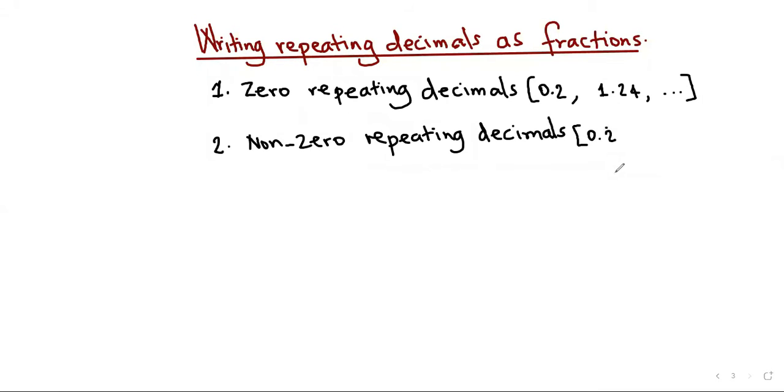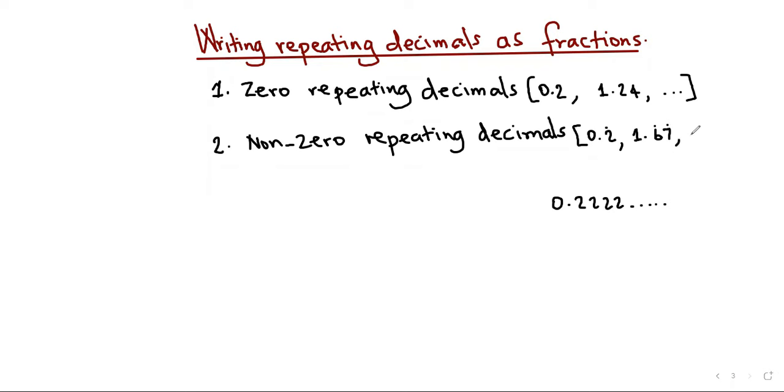Then non-zero repeating decimals, we have like, let's say 0.2 repeating. It means that 2 is continuing many times. It cannot end. We can have like, let's say 1.67, 67 repeating.